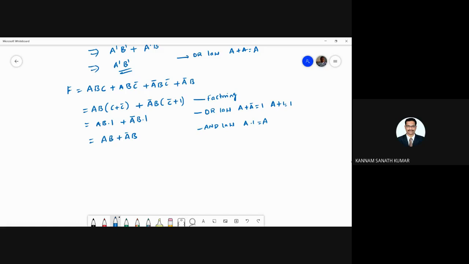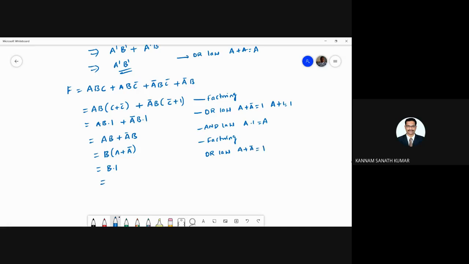A. And next, you can take the B common, factoring A plus A bar. Again, B into 1. So this is OR law. A plus A bar equal to what? 1.